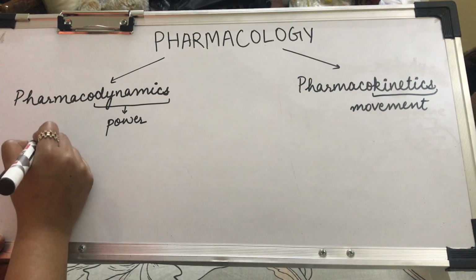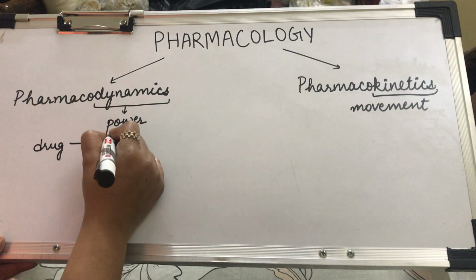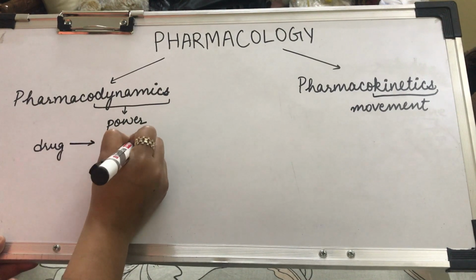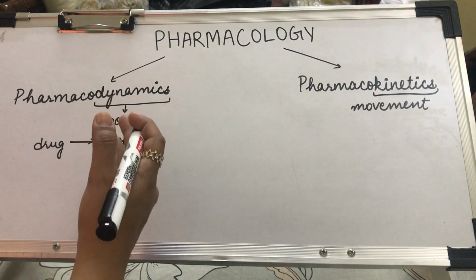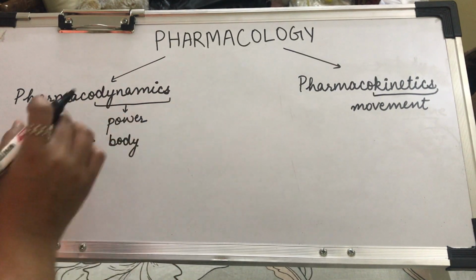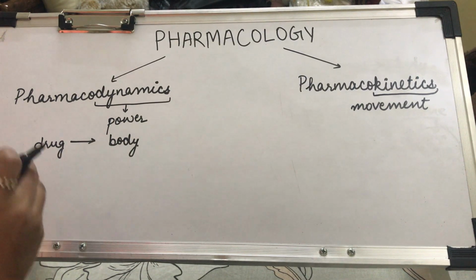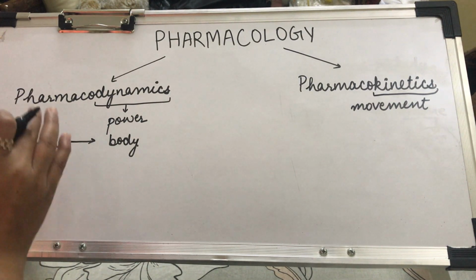Basically, what the drug will do to the body is pharmacodynamics. Whatever effect the drug is going to produce inside the body, what is the power of the drug, that is your pharmacodynamics.